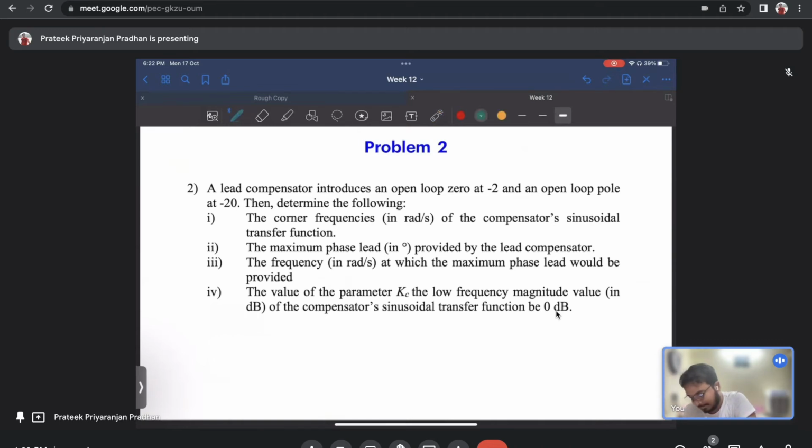Let me write. It's also a lead compensator, with open loop zero at -2 and open loop pole at -20. Let's write the compensator type: lead compensator.